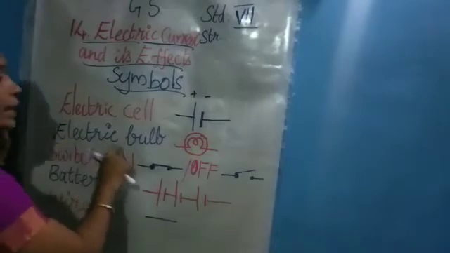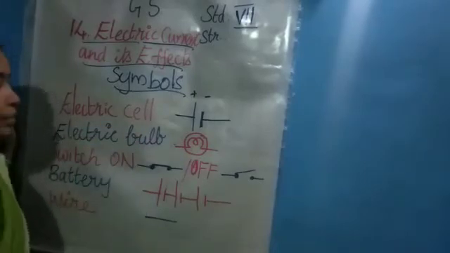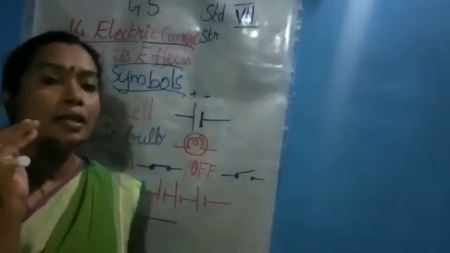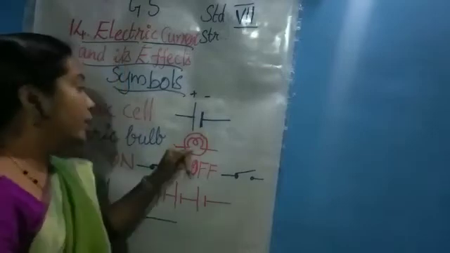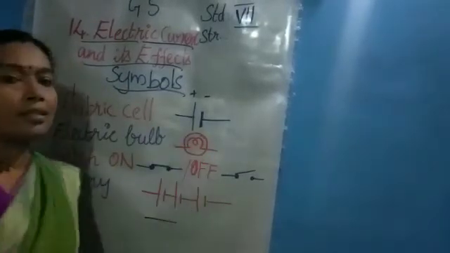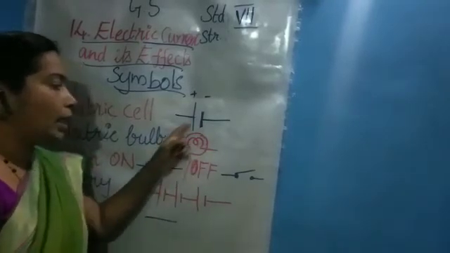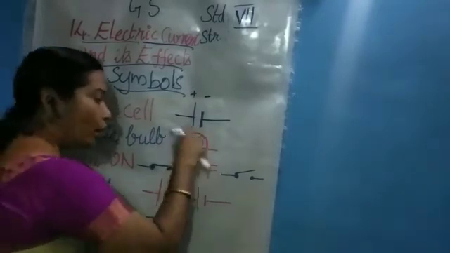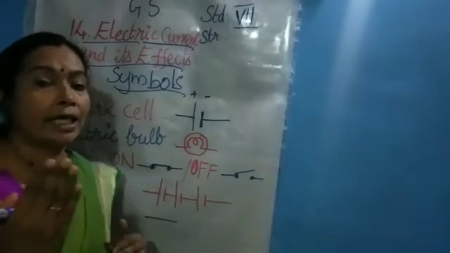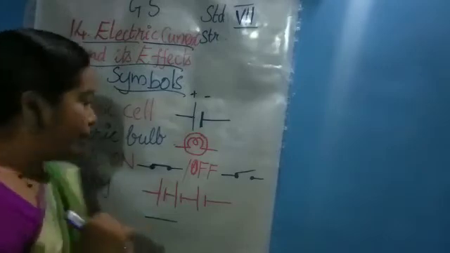And next one, the electric bulb. In the electric bulb, the important part is its filament. So this is the filament, and we draw a circle around the filament. This symbol indicates the electric bulb.